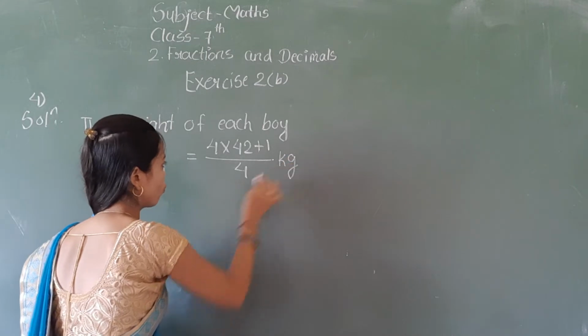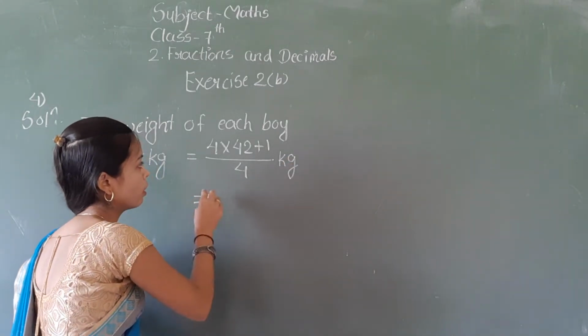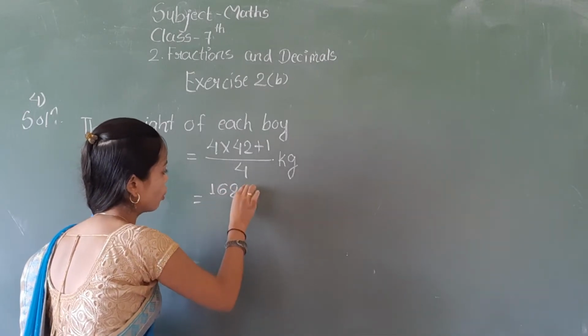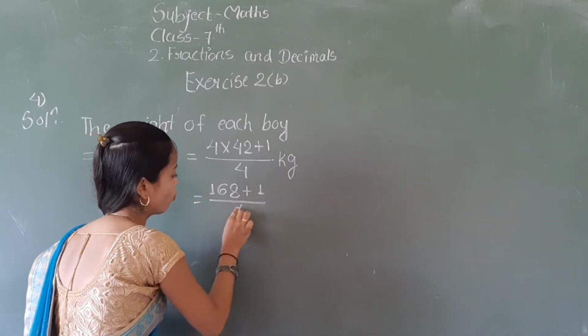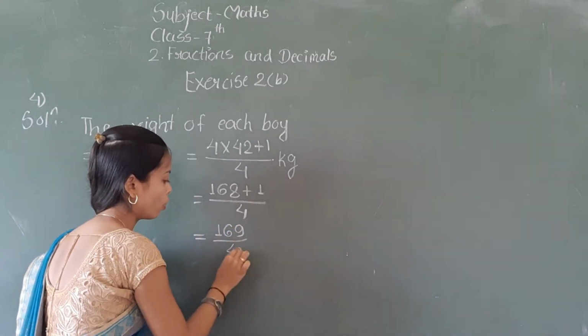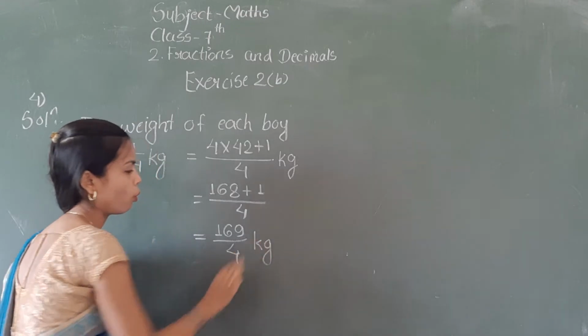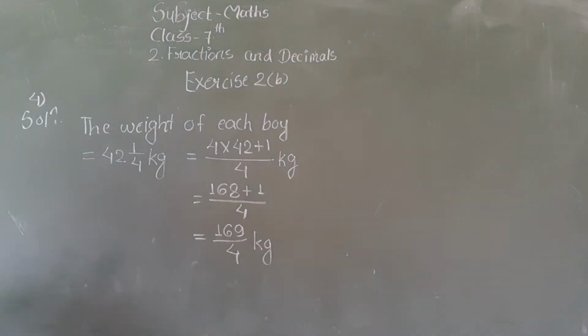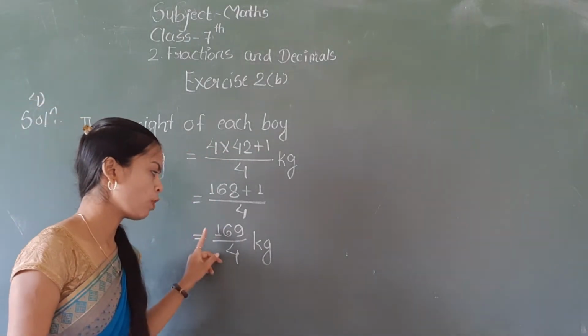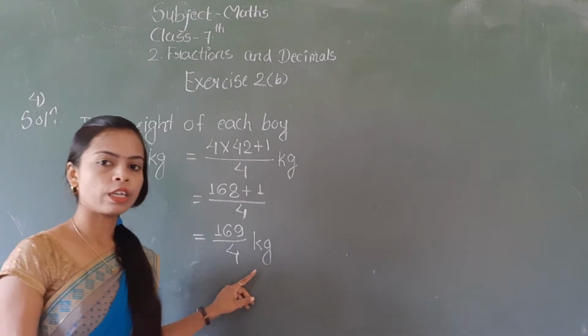That is 4 into 42, that is 168 plus 1 upon 4, that is 169 upon 4 kg. So the weight of each boy is 169 upon 4 kg.